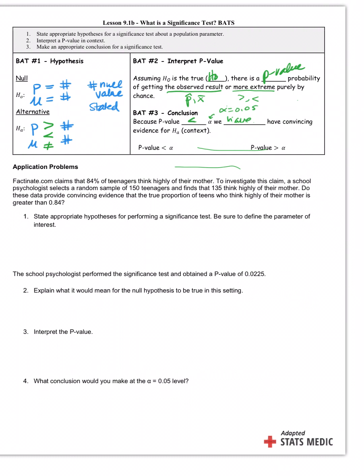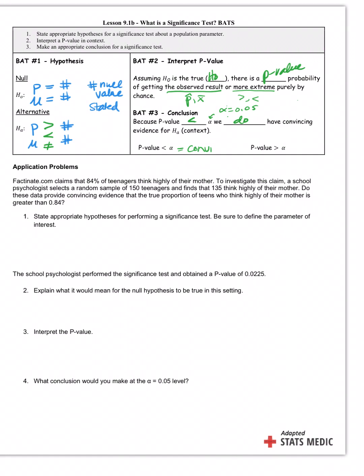Oh, sorry, not have. So if it's less than, we do have. All right, now, I was looking at the next line down here, and that was confusing me. All right, so what if it's not, right? What if it's greater than? So if it's less than, we have convincing evidence.